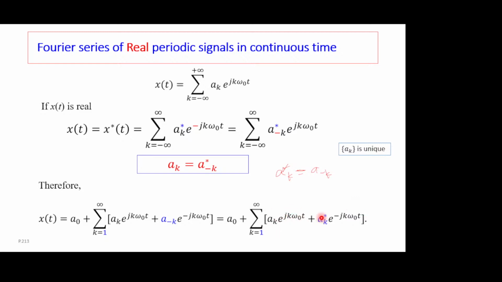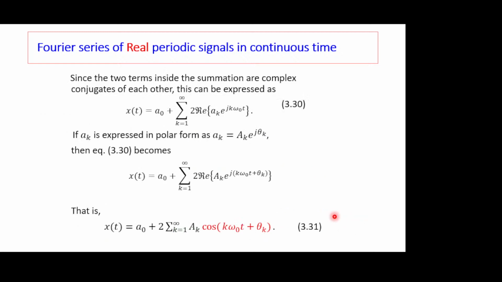Because if you take the complex conjugate, the ak becomes ak star, and e to the jk omega naught t becomes e to the minus jk omega naught t. And so this is a naught plus 2 times the real part of ak e to the jk omega naught t.